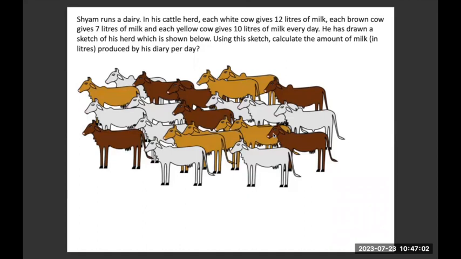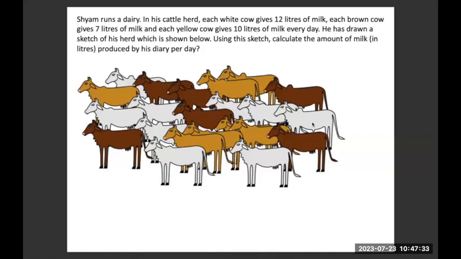Please don't directly jump into calculation. There's a small catch here. Basically there'll be a cow and there will also be the male version of it. Only the female gives milk, okay? The male does not give milk. In this case, while you're calculating the white, the brown, or the yellow, you will have to minus the entities which are male and only take up the entities which are female.